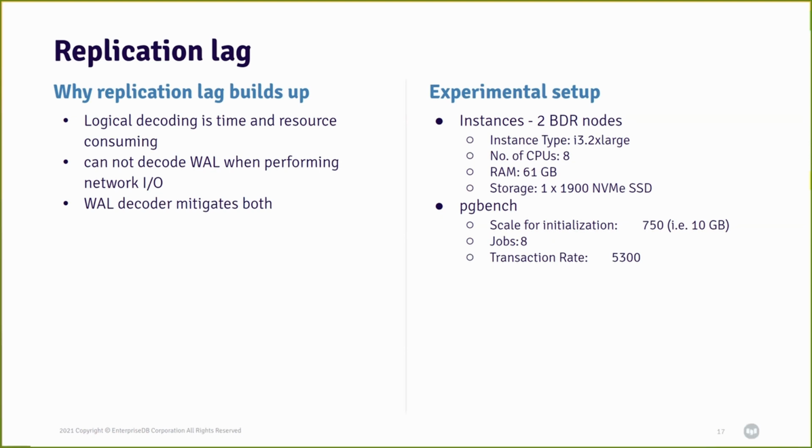With WAL decoder, we are able to mitigate both of these conditions, because when a WAL sender is performing IO, the WAL decoder still continues to decode the transactions, except when it's actually performing the disk IO, which does not take as much time as performing network IO.